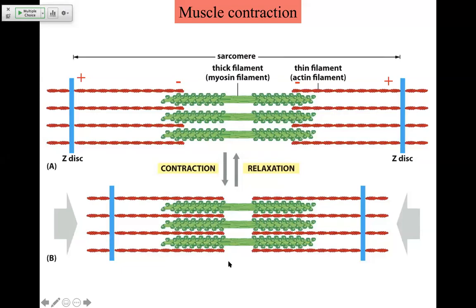The relaxation is when the myosin heads let go of the actin filaments, and then the sarcomere returns to its original position.